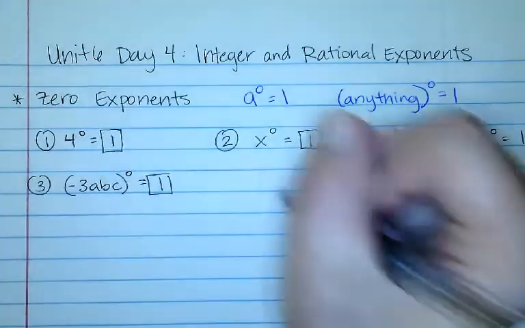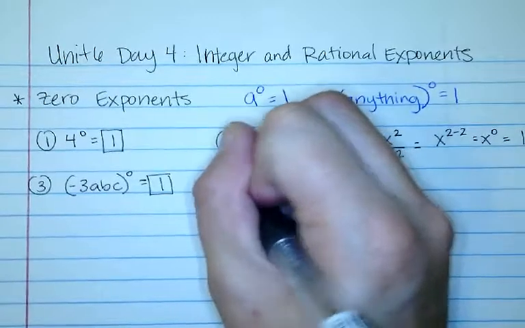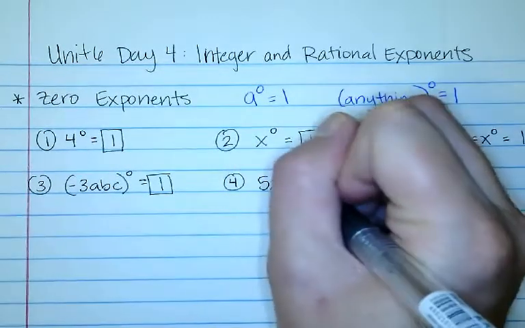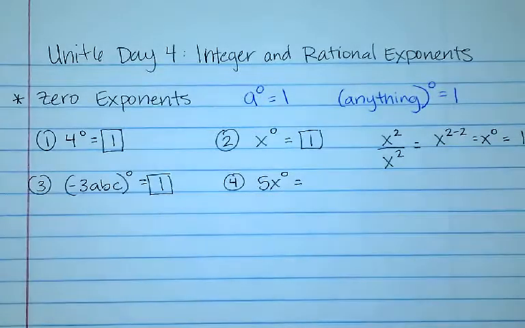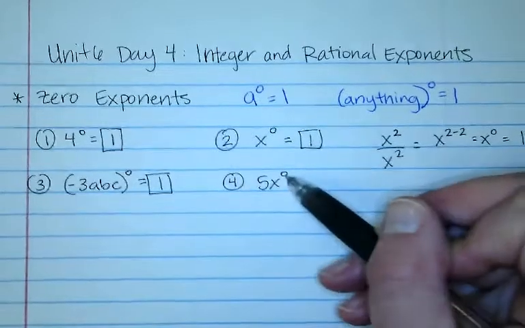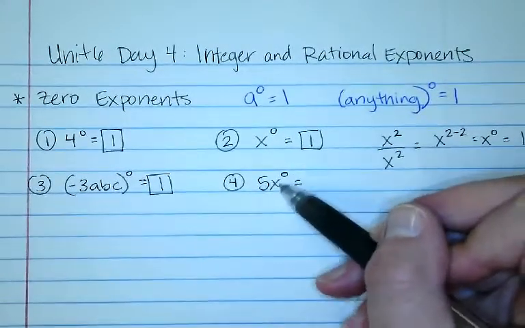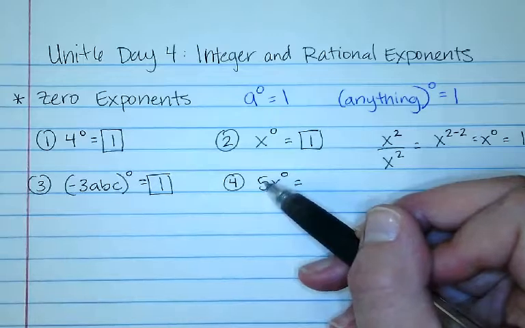All right? And then we're going to do number 4. I'm going to say 5x to the 0 power. Well, guys, what is this going to be equal to? Is the 0 being applied to the x? Yes, the 0 is being applied to the x. Is the 0 being applied to the 5?